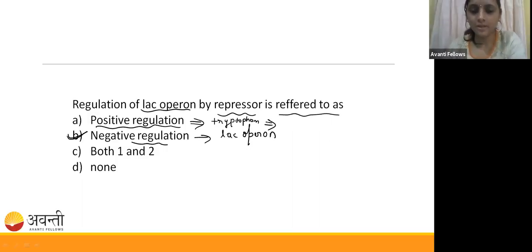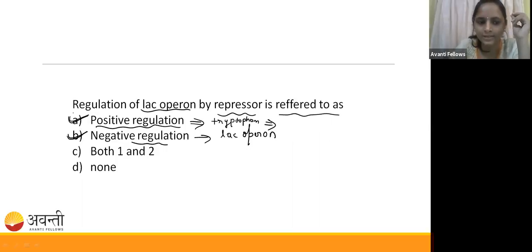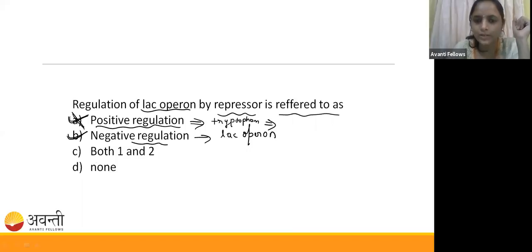Whenever the tryptophan concentration is high, the tryptophan operon is going to activate, and it is going to stop the tryptophan synthesis. So that is why it is called positive regulation. The example for positive regulation is the tryptophan operon, and negative regulation is the lac operon.